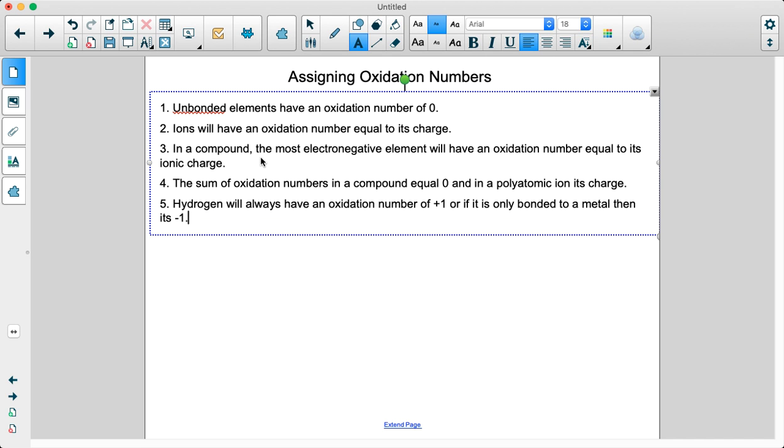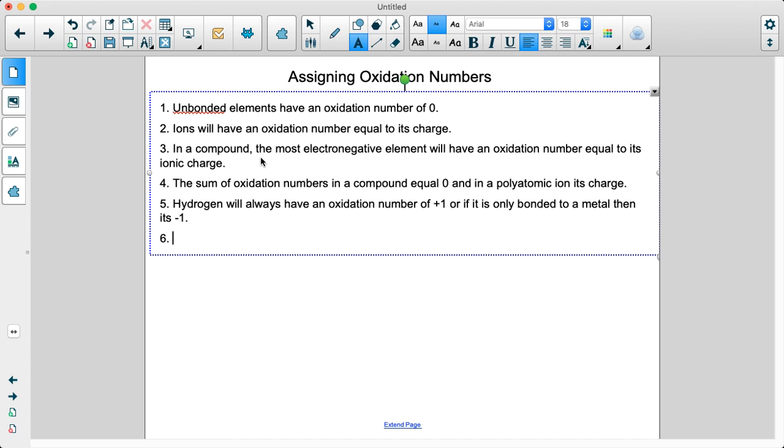So hydrogen is always going to be +1. If you have a compound where it's a metal and just hydrogen, just those two, then the charge of that hydrogen will become -1.